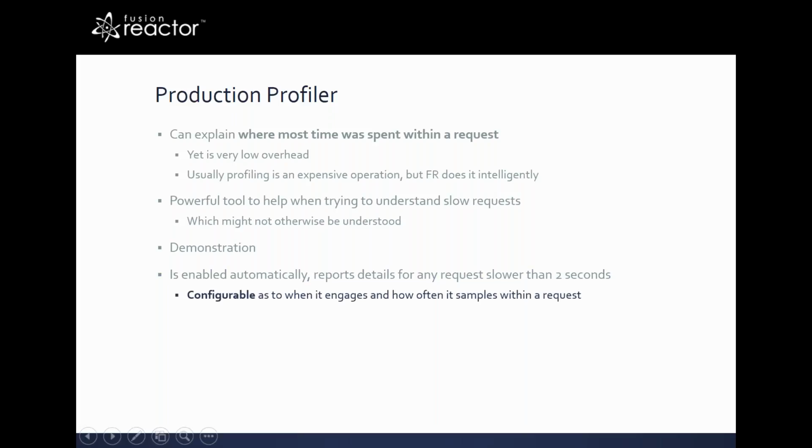You can control if it's on, whether it engages at a certain time, and how often it's doing samples. Because here's what's really going on. When it kicks on at 2 seconds, it starts doing profiling in the classic sense of saying, hey, what's this thread doing right now? And I believe it's every 200 milliseconds.